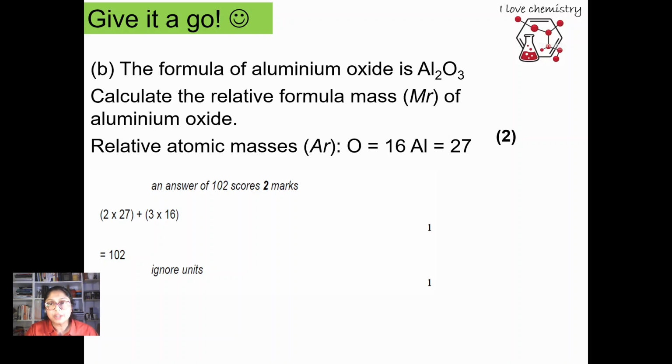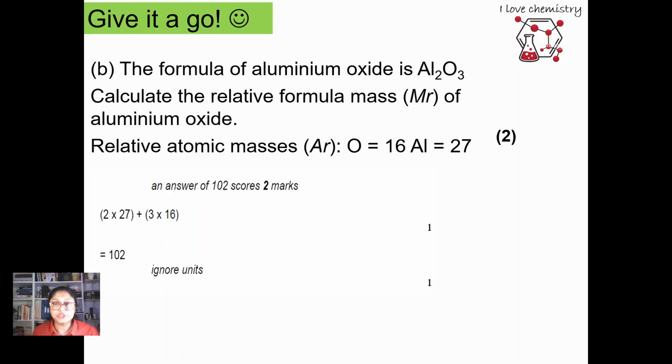So there are 2 marks in this question. 1 mark is for showing how it works, and second mark is for the final answer. If you got the right answer, you get full marks. But in case you made a mistake typing in your calculator and you got a final answer wrong, you can still get 1 mark if you show your work. So make a habit of showing your work early on so that you don't forget it. You can avoid losing marks.